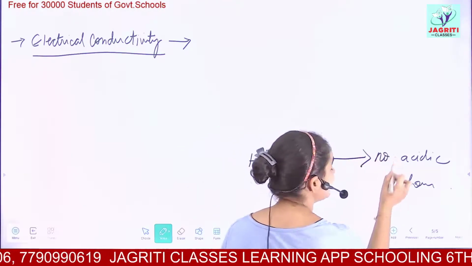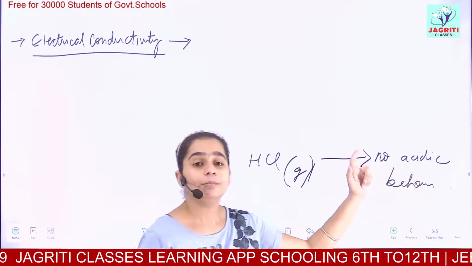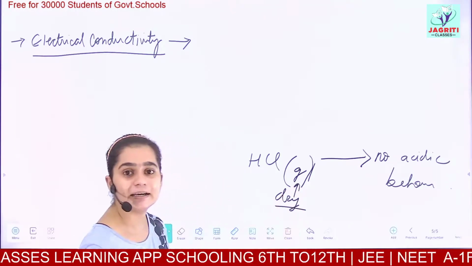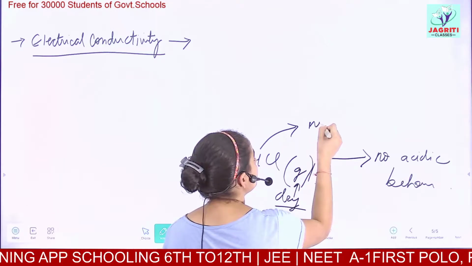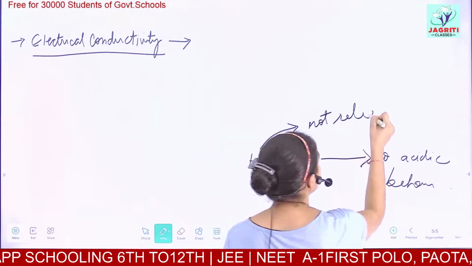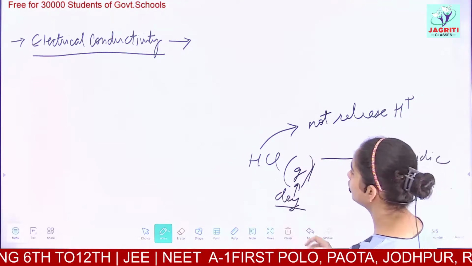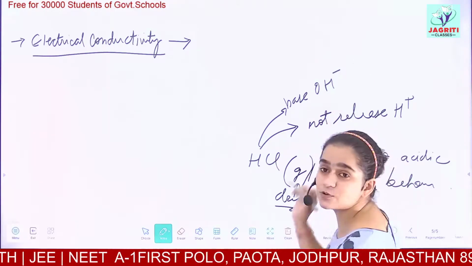So if you take dry acid or dry base, they will not show their behavior because in dry condition, that is gaseous state, they will not release their H plus ions, and a base will not release OH minus ions.